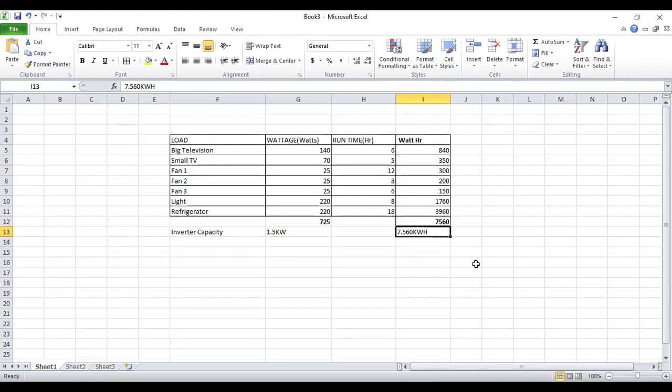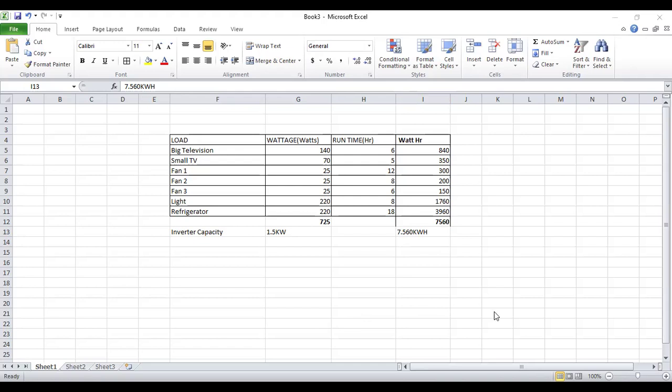So now we've talked about a 7.5 kilowatt hour load. What quantity of lead acid batteries do I need to get up to this power storage? Normally the lead acid battery comes in 12 volts: 12 volts 100 ampere hour, 12 volts 200 ampere hour, 12 volts 150 ampere hour, and so on.